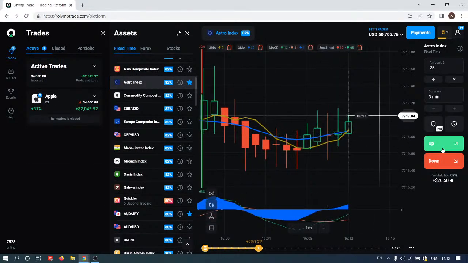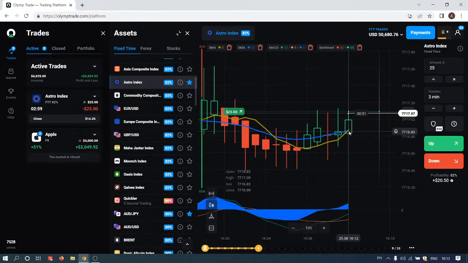And wow, so we have a signal here on Astro Index. So let's open this trade up. As you can see, the yellow line, the momentum line, crosses the blue line in the upwards direction, plus the blue area is above the zero line, and we are looking upwards here.